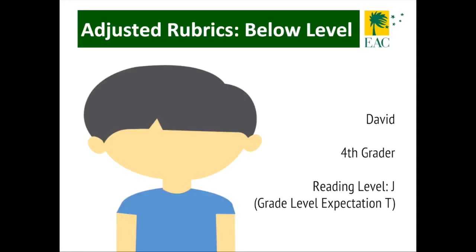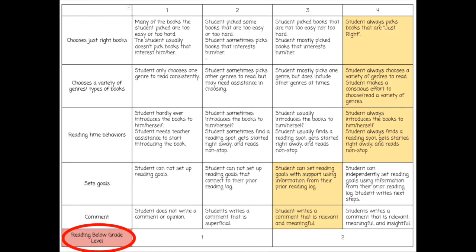The same goes when we have below level students. Here we have David. He's a 4th grader and he's reading at level J, which is well below the grade level expectation of T. David will be graded on the same rubric as the whole class, but we will add an adjustment here.